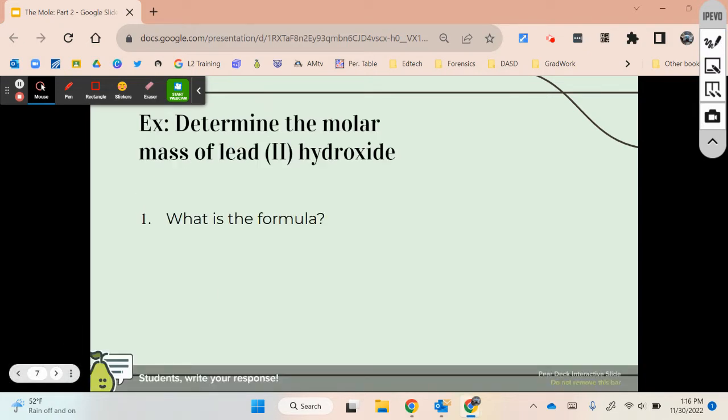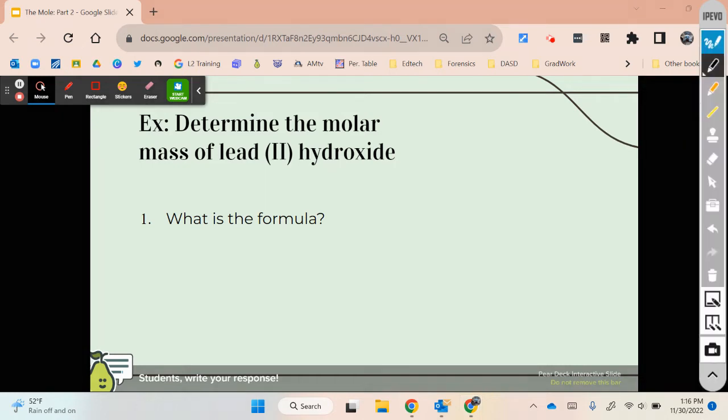Let's say we're looking at lead 2 hydroxide. So our first step is going to be writing out that formula. I see that lead is Pb, and that Roman numeral 2 means I have a +2 charge. So that's going to be Pb with a +2 charge. And hydroxide is not a plain element.